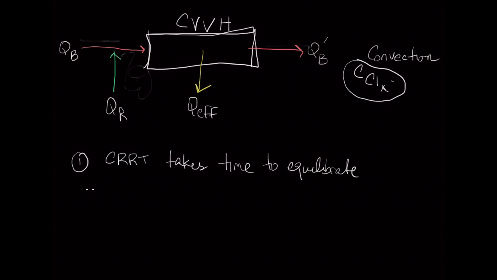And the second thing that you have to know is that equilibration will occur if you give CRRT enough time. We're going to use these two principles to come up with an equation that will be quite simple, as you'll see on the next pane.